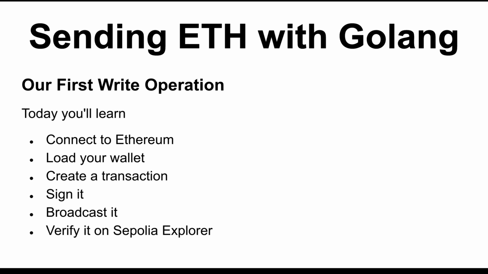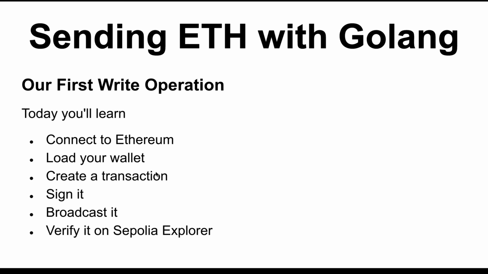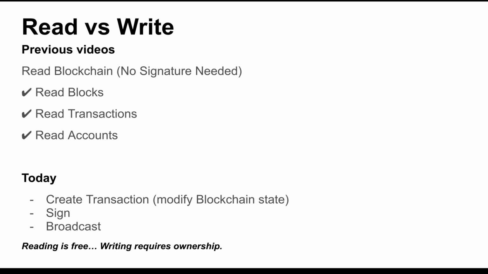The main thing starts from creating a transaction, signing it, broadcasting it, and verifying it on our Sepolia Explorer. We can always go and verify all blockchain transactions somewhere, and because we are using Sepolia, that's what we're going to use to verify it. So let's keep going.